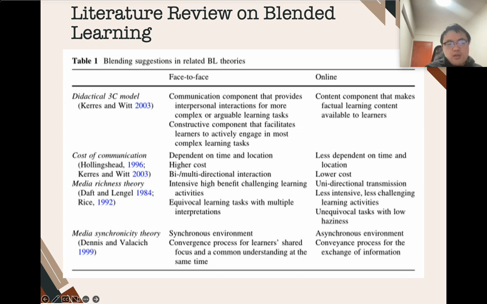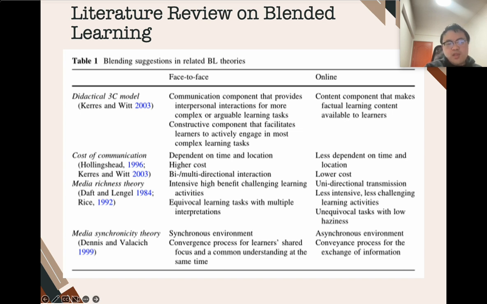There is a communication component where learners interact with each other, and there is a constructive component where learners engage in the learning tasks. These three components can be difficult to manage in terms of how much each component should be.